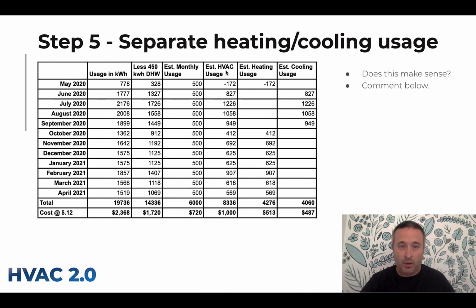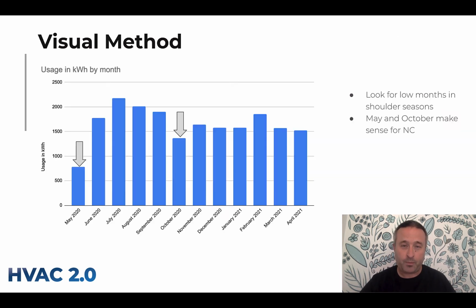You take that out, and then you come down to HVAC usage, and then you split it out by month to see what the heating and cooling is. Now, there's going to be a mixture here, so October may still have some cooling in it. It is what it is. This is an educated guess. Again, this is getting on the green. So hopefully this makes sense. If anything doesn't, please comment below. I want to understand how to make this better for the next time I record it.